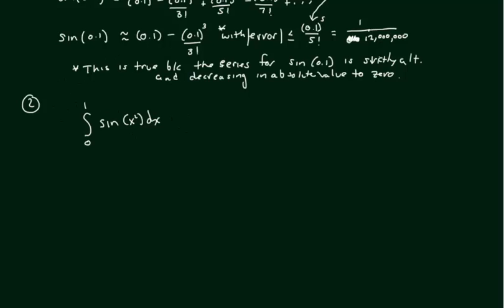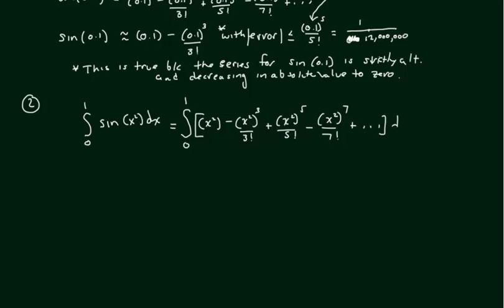Okay, so we have committed to memory a power series for the sine of x, so we can quickly substitute and convert that into the following series: x squared minus x squared cubed over 3 factorial plus x squared to the 5th over 5 factorial minus x squared to the 7th over 7 factorial plus dot dot dot, and of course with respect to x.